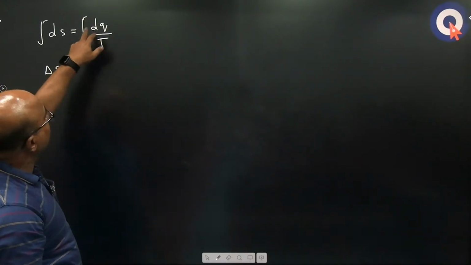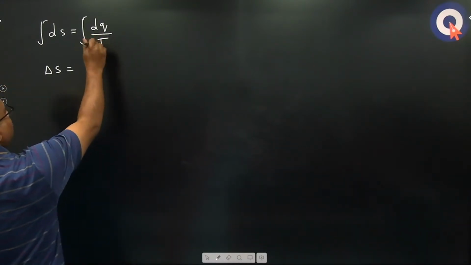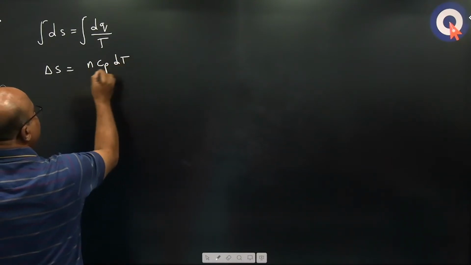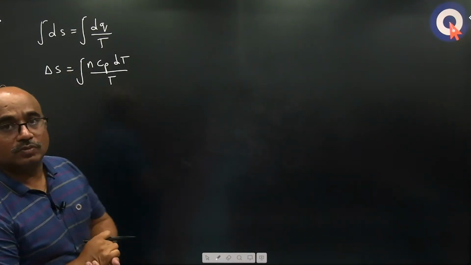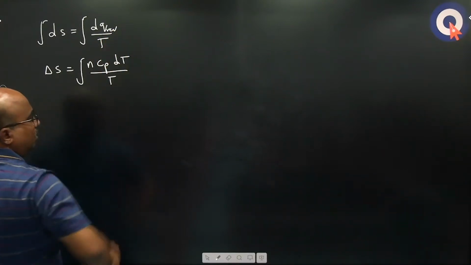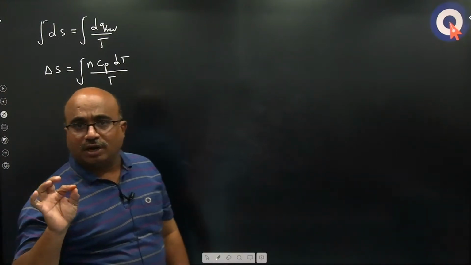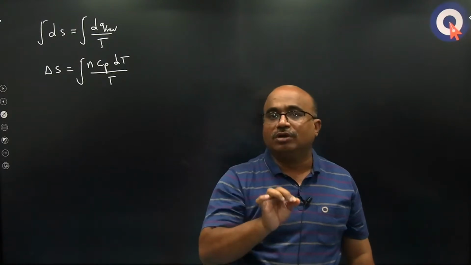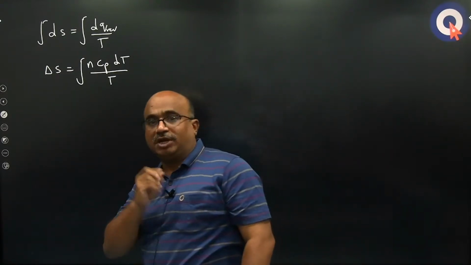But what is dq reversible? You can take dq reversible as delta H, or it's nothing but n Cp dT. For a reversible process, dq reversible we take as n Cp dT, because whenever we try to determine any path variables, we try to convert them into parameters of state variables.